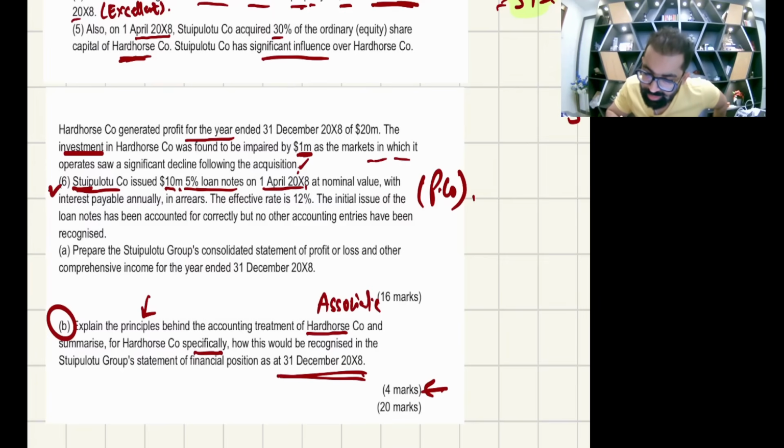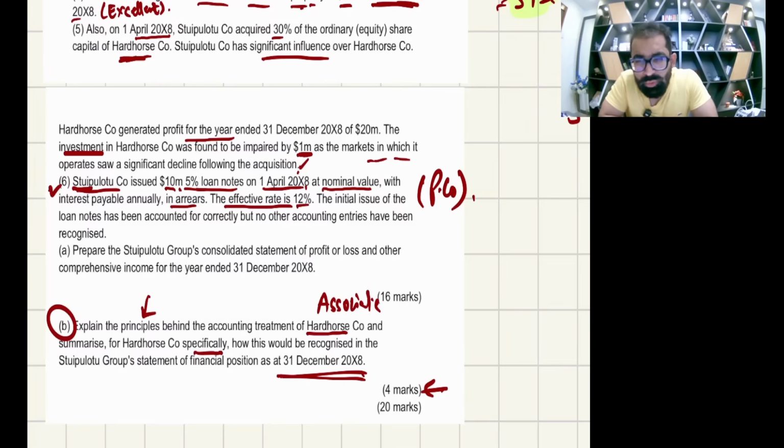On 1st April X8, during the year, at the acquisition date, at nominal value. At nominal value means no discount or issue cost, nothing is involved. Exact same amount of cash came to us, with the interest payable annually in arrears. The effective rate is 12%.